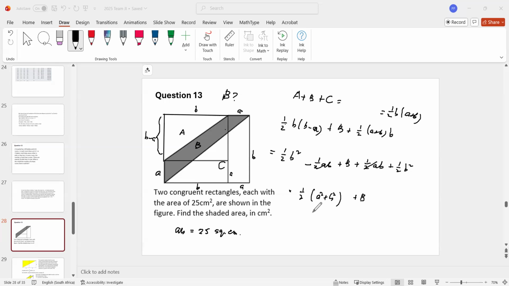So you got that half into A squared plus B squared plus B is equal to, this is half B into A plus B. Okay, because we know the area of this entire thing. And this is half B squared, half AB plus half B squared.